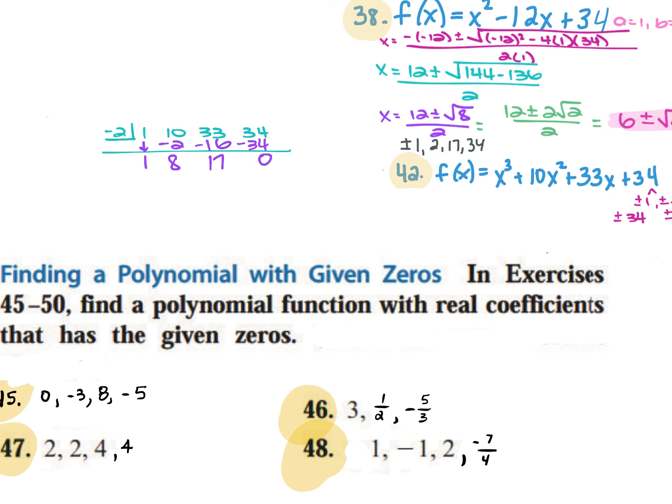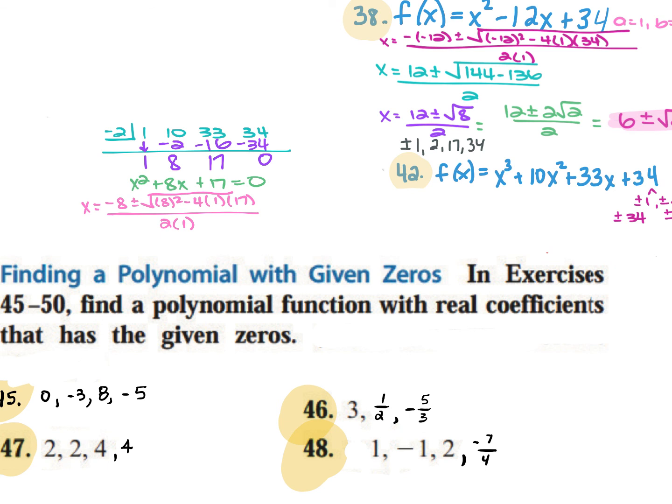From here, you're going to have x squared plus 8x plus 17 is equal to 0. You don't have factors of 17 that add up to 8. So use your quadratic formula. You're going to have x is equal to negative 8 plus or minus the square root of 8 squared minus 4 times 1 times 17 all over 2 times 1.